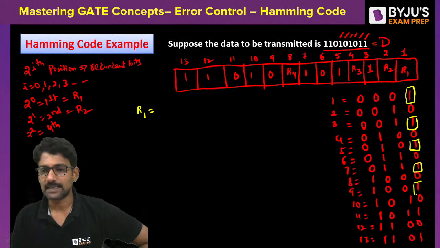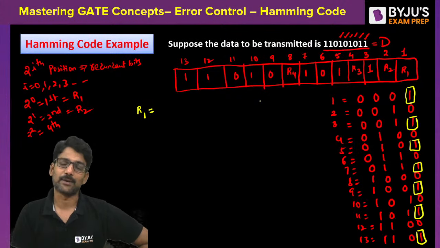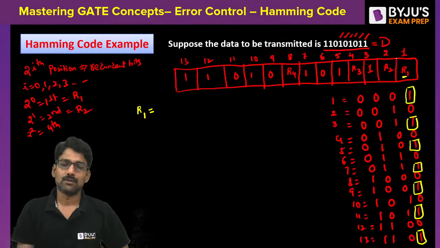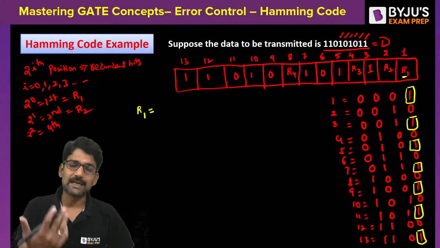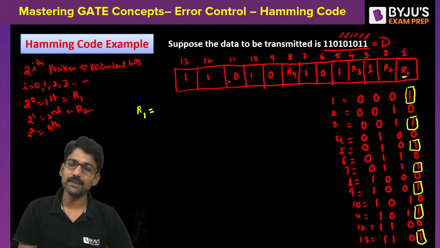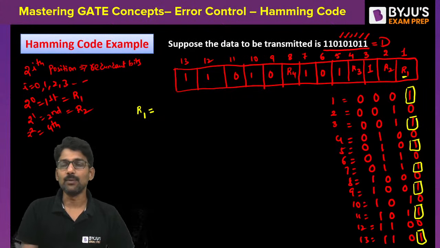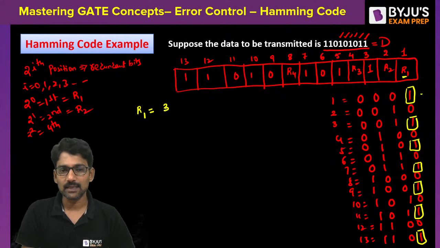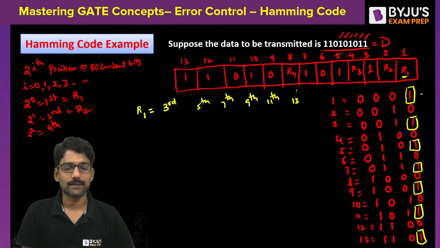That is how it is said: pick one, skip one, alternately. The first position is R1, which we are finding, so the sender will skip it and the receiver will include it. Skipping that, the other positions are 3rd, 5th, 7th, 9th, 11th and 13th.